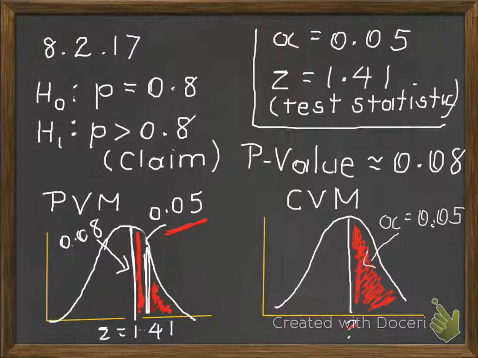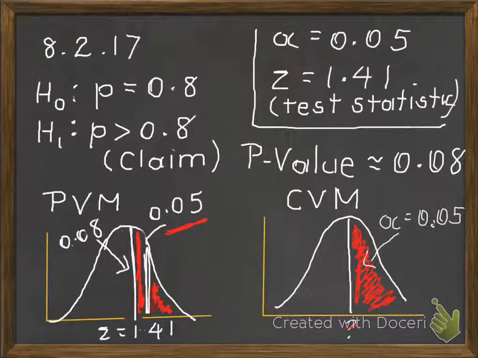And if our test statistic falls outside that critical region, then we cannot reject the null hypothesis. So this red shaded area with the critical value method is our given significance level, and we're looking for the critical value, which is the z-score, on the border of this critical region.